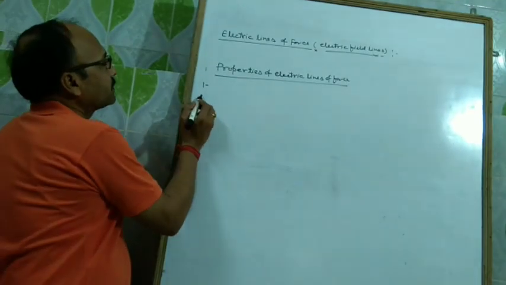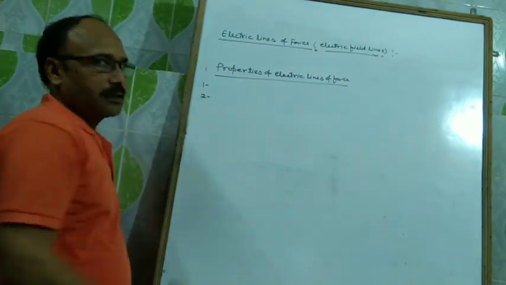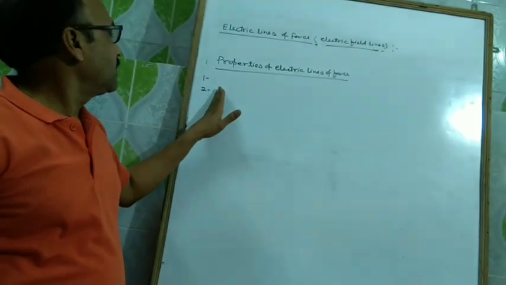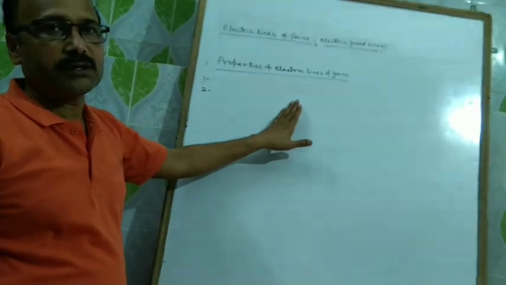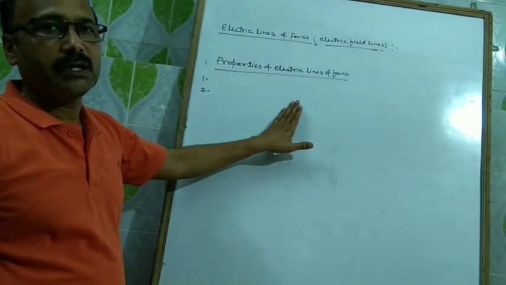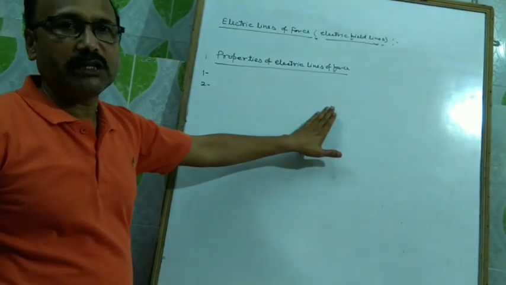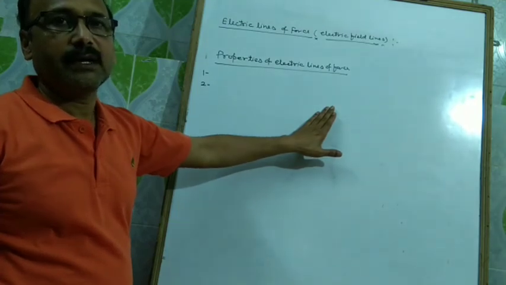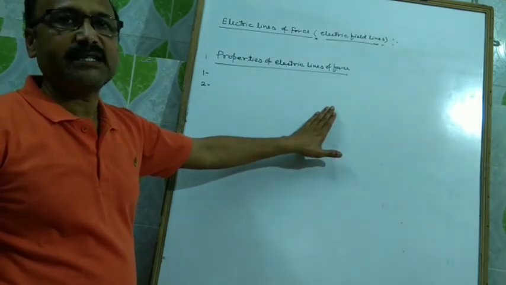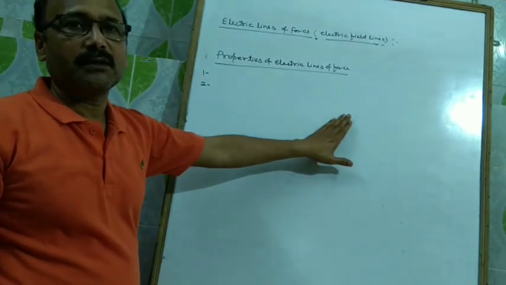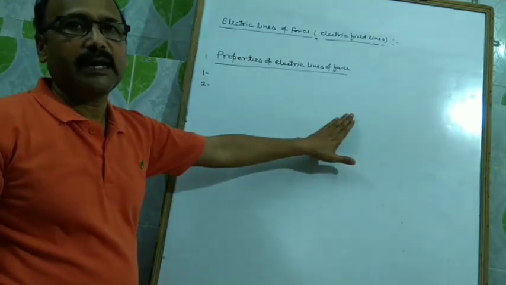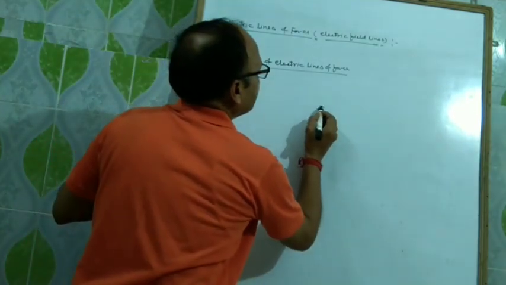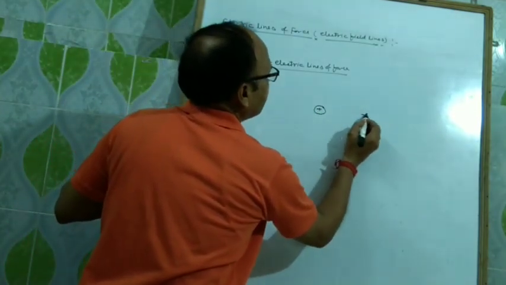Second property: these electric lines of force start from a positively charged body and end at the negatively charged body, like this. Suppose this is the positive charge body and this is the negative charge body.